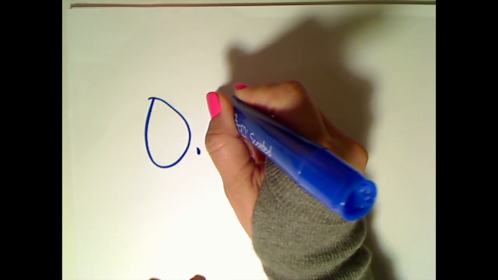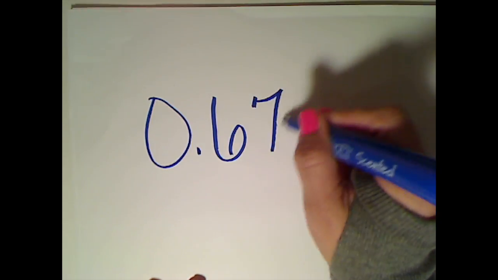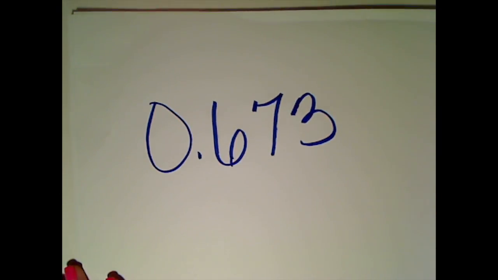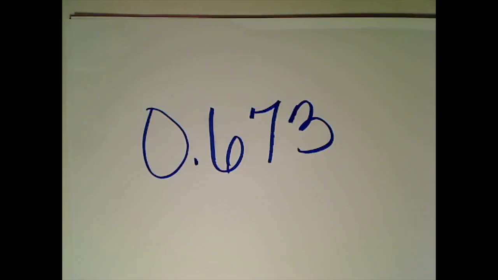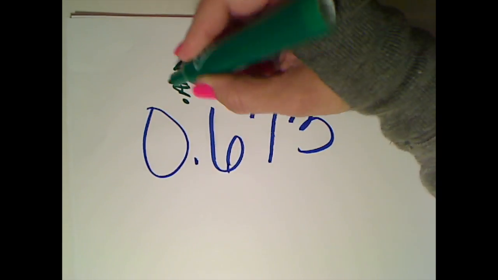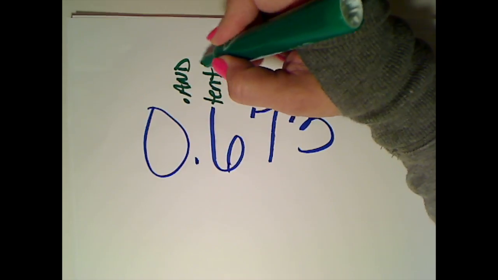We have 673 thousandths, okay? Remember, it's always wise of you to create your own place value chart with any number that you have. So I would label this tenths.